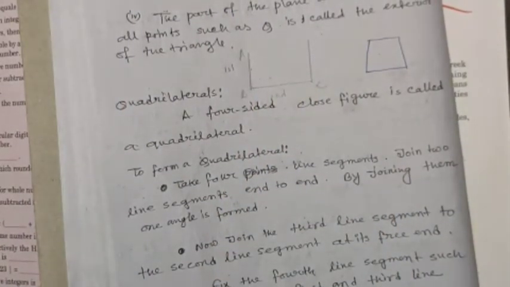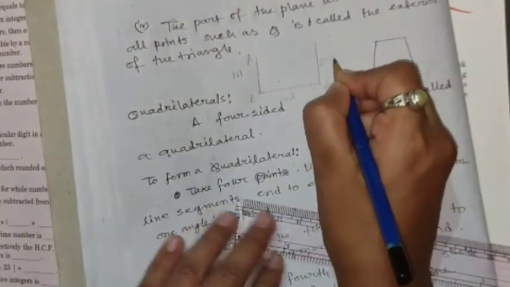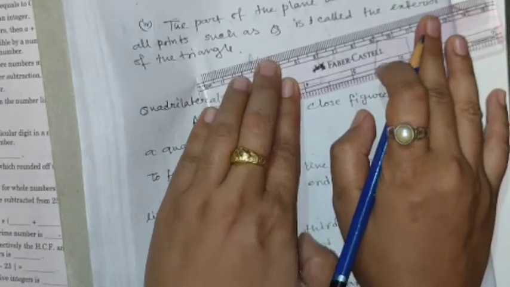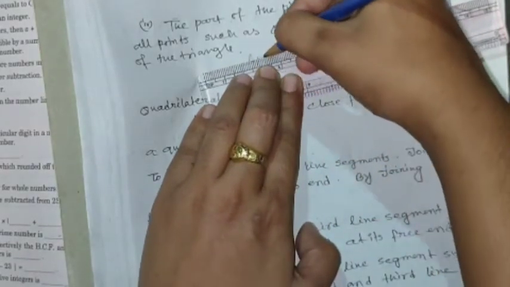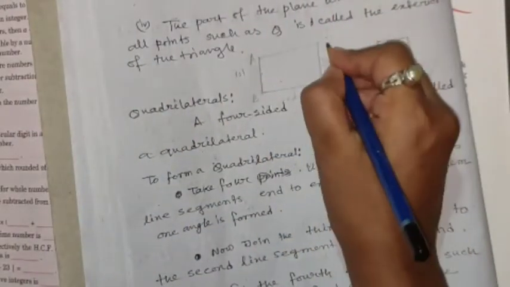Okay, fix the fourth line segment such that it joins the first and third line segments. So this is the first and this is the third line segment. So now draw the fourth line segment which joins them. So this is the quadrilateral ABCD.